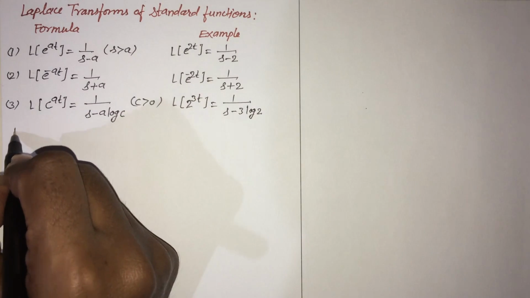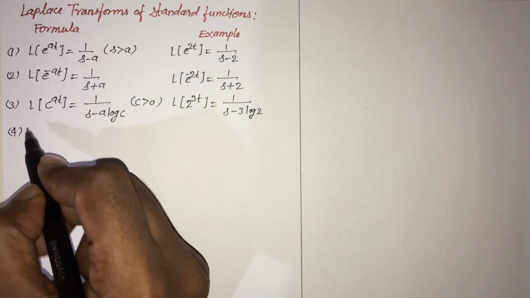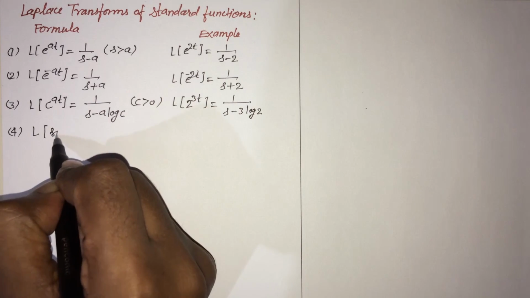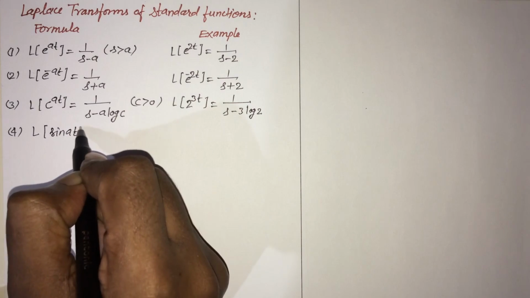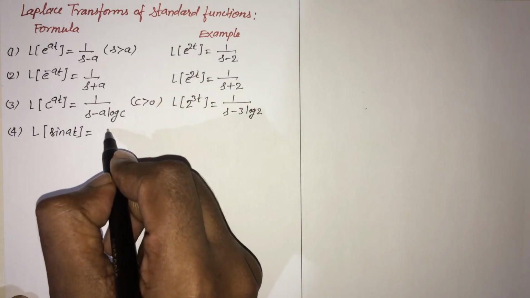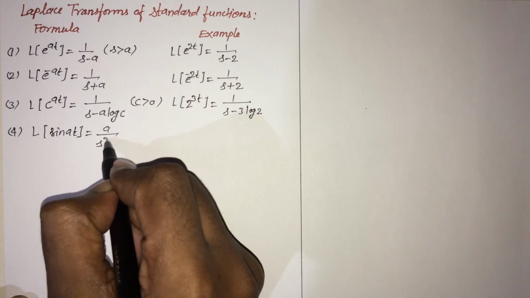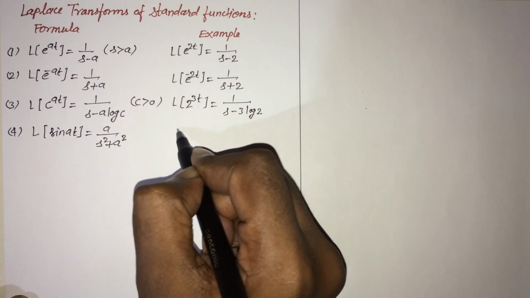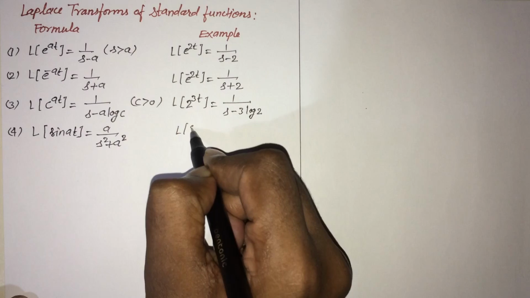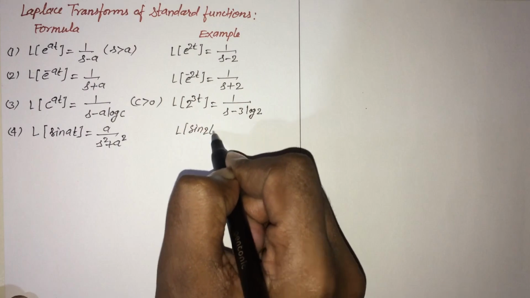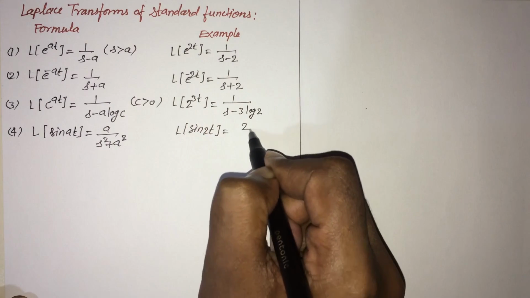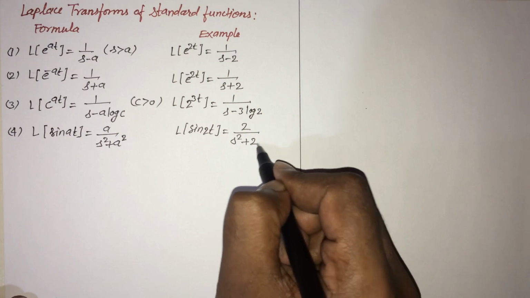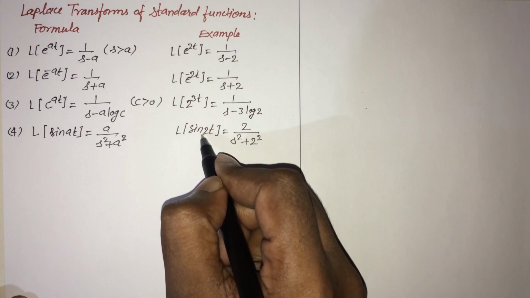And next one, fourth, Laplace transform of sin at is equal to a upon s square plus a square. An example, Laplace transform of sin 2t is 2 upon s square plus 2 square. Here the coefficient of sin is 2.